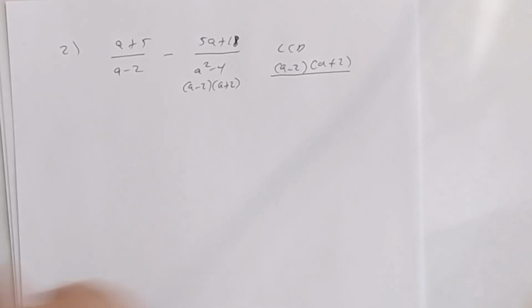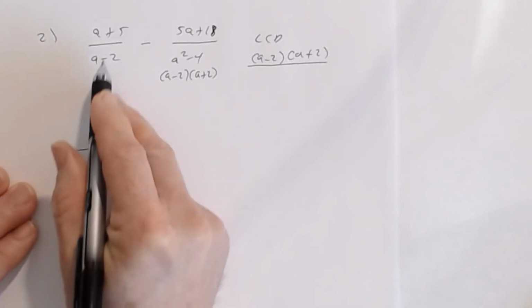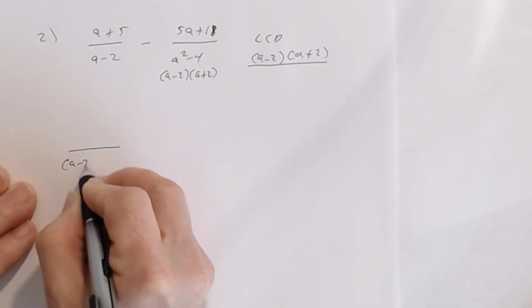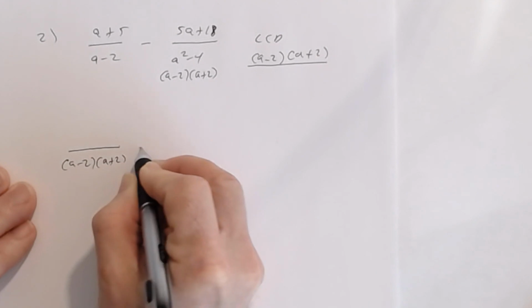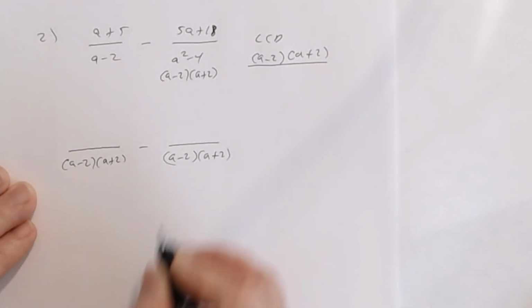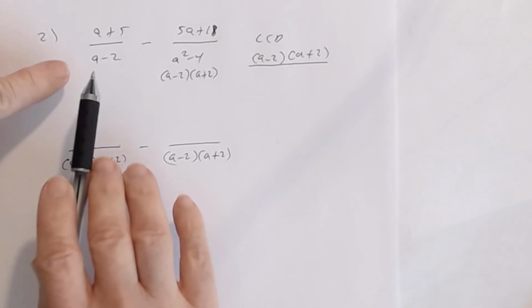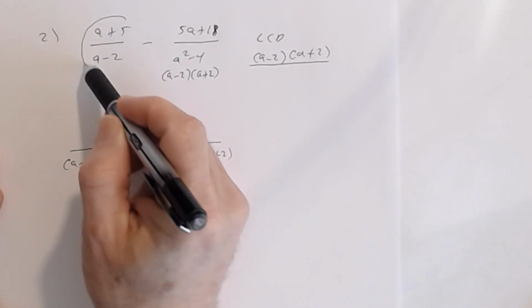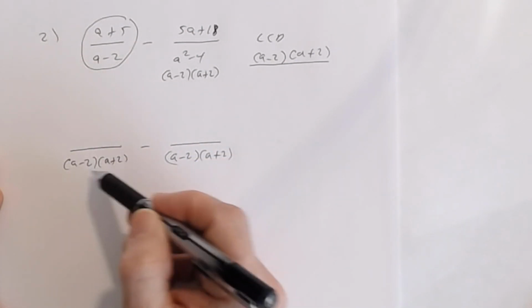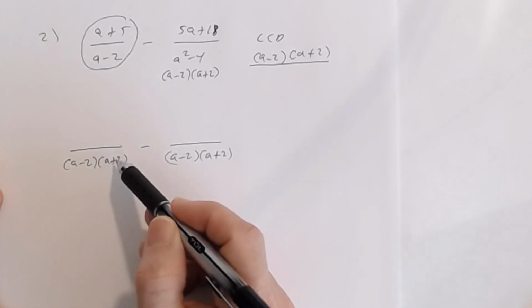Right underneath, you're going to rewrite this with that denominator, and same thing with this one. So a minus 2, a plus 2, minus, and then a minus 2, a plus 2. All right, and then you ask yourself, I want to rewrite this expression into an equivalent expression with this denominator.